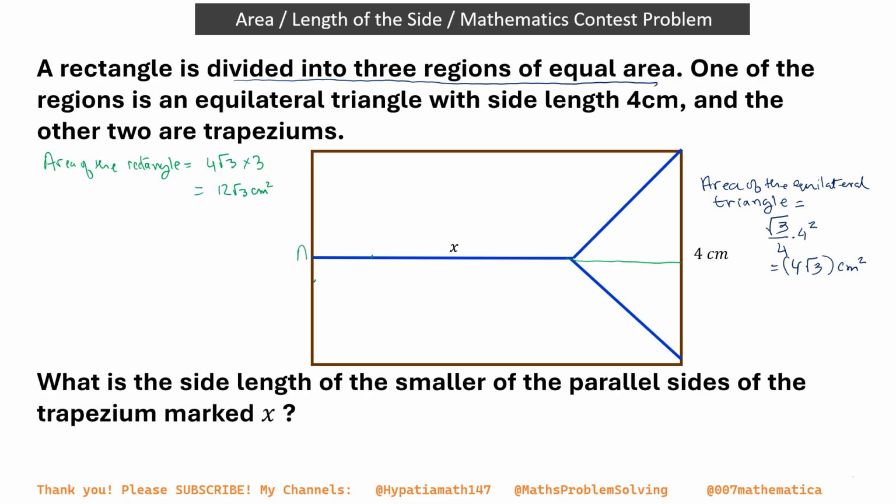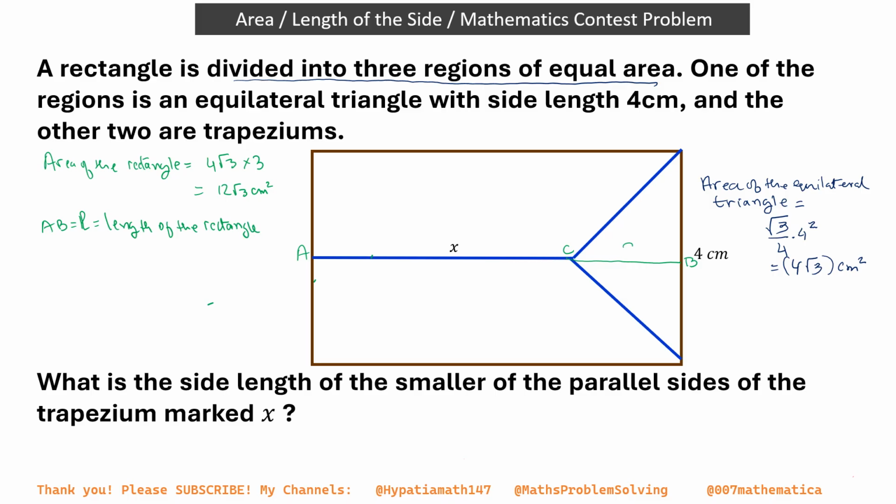So if I call this line ABC, then AB equals L, the length of the rectangle. So there's a bit we don't know.